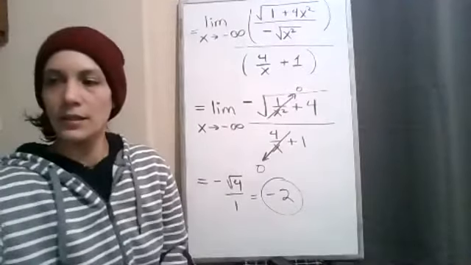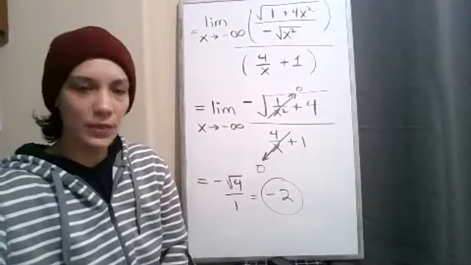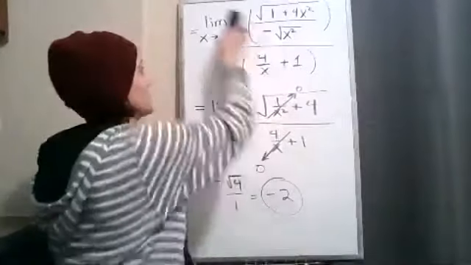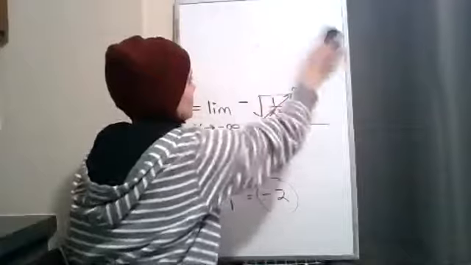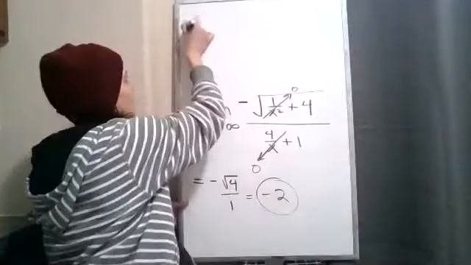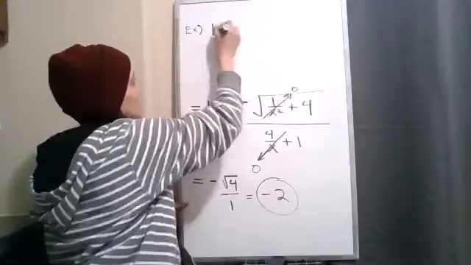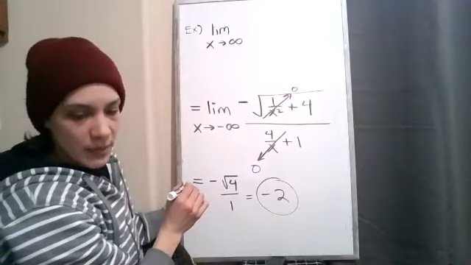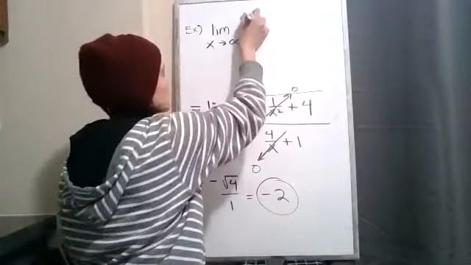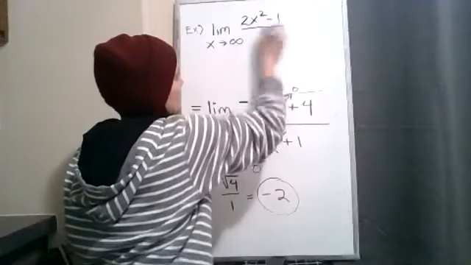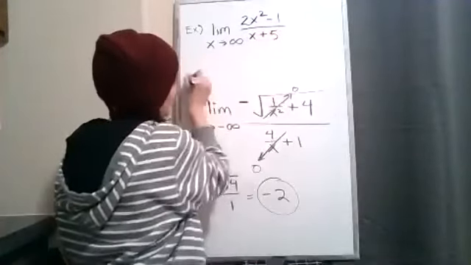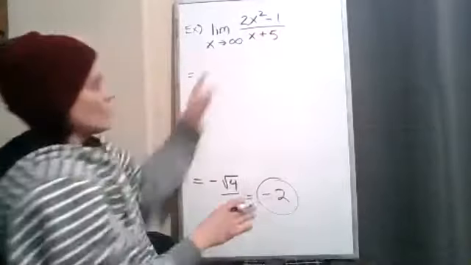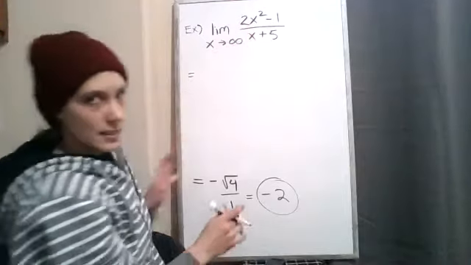Where are we? We've got 4 minutes. Let's do an easy one. We're going to have the limit as x goes to infinity of 2x squared minus 1 over x plus 5. The highest power of x will be x squared, so let's divide through by that.